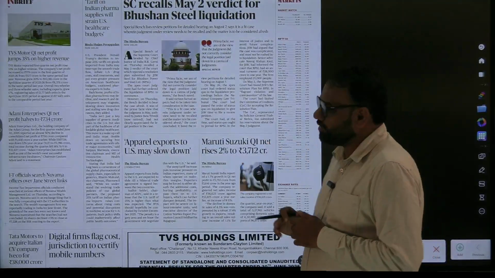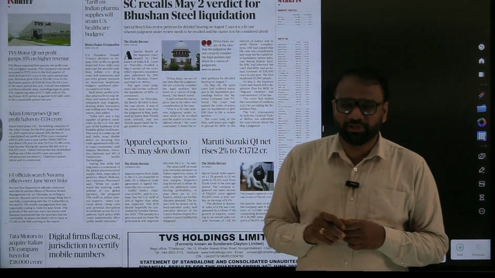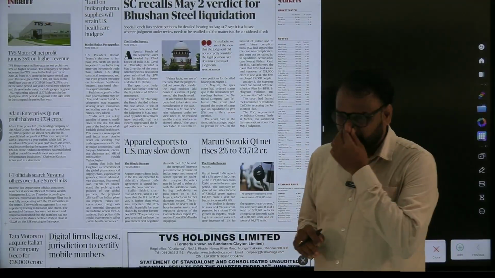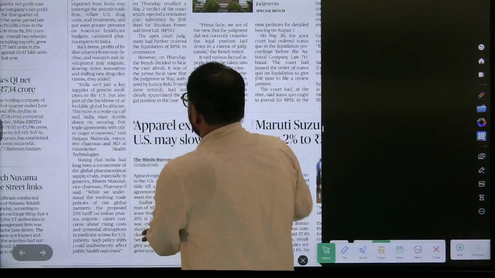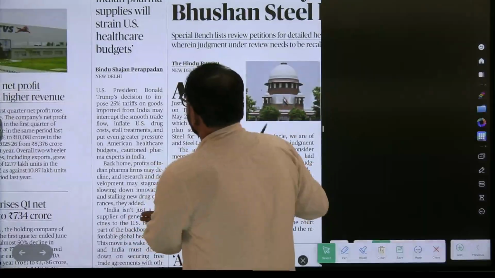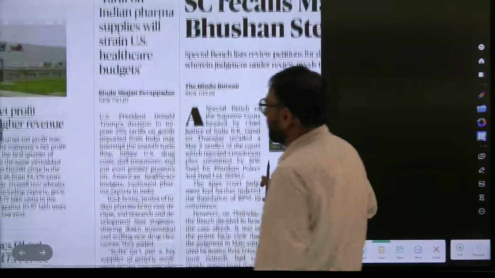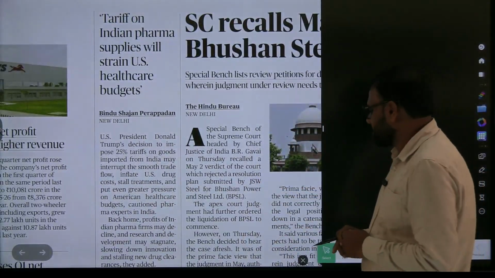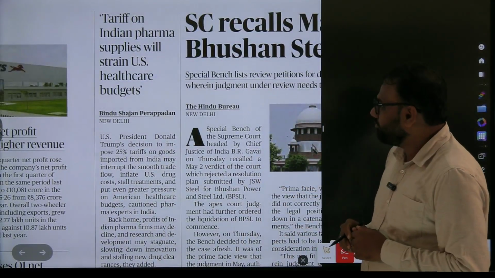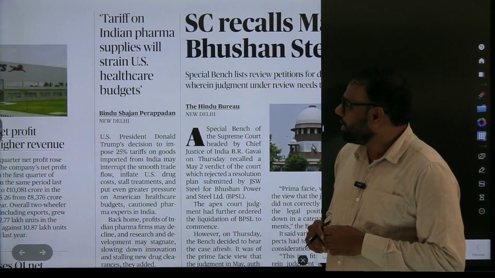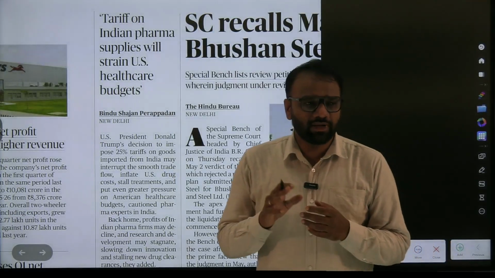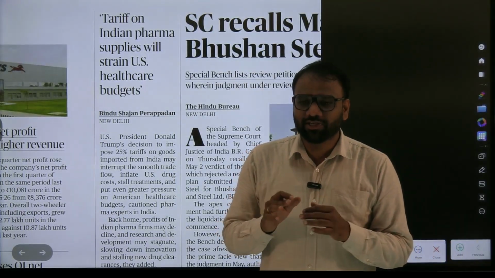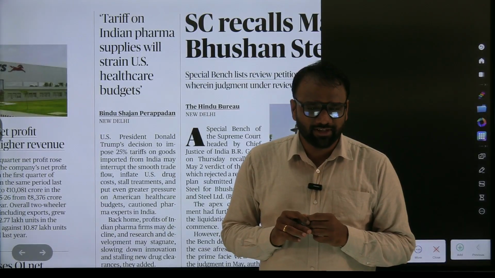For preparation of economics related concepts, this is a very important page, the business related page. So we shall start with this article. Tariff on Indian pharma supplies will strain US healthcare budgets. By just looking at the headline, sometimes we will be able to understand the developments that are taking place.